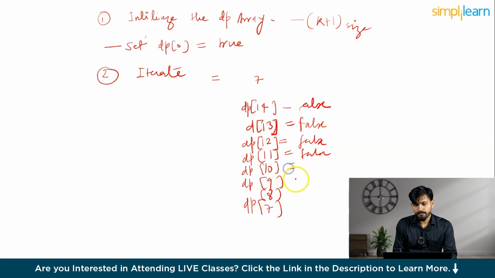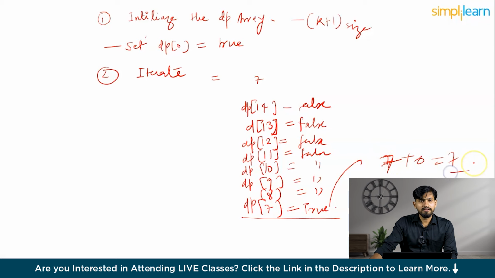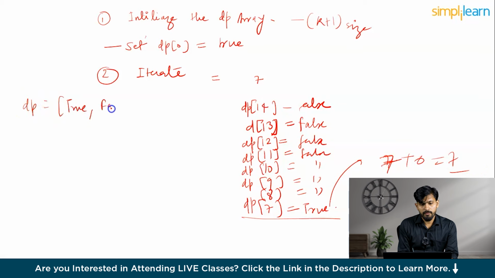Now guys, still here we have false. Now when it comes to 7, it becomes true, because 7 plus 0 equals 7. Now after this, you have to update the DP array. So it would be true, false, false, and similarly it's going to go till false.